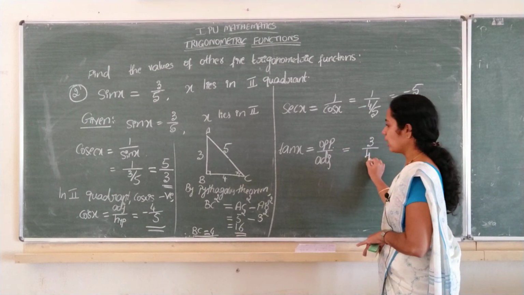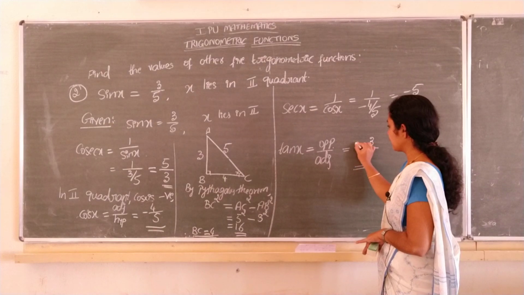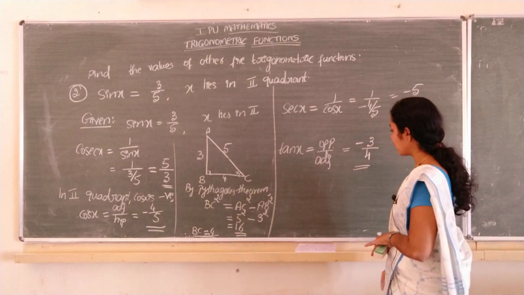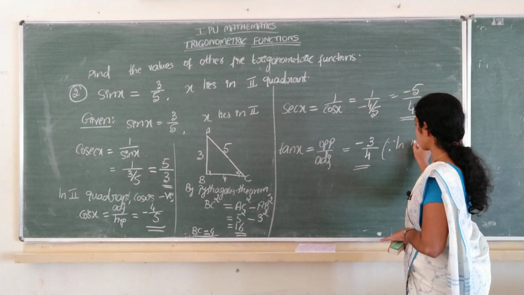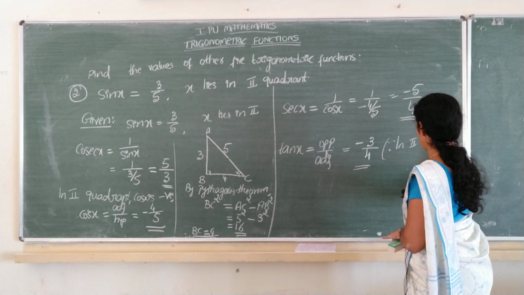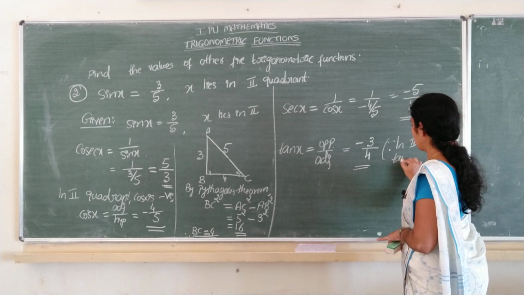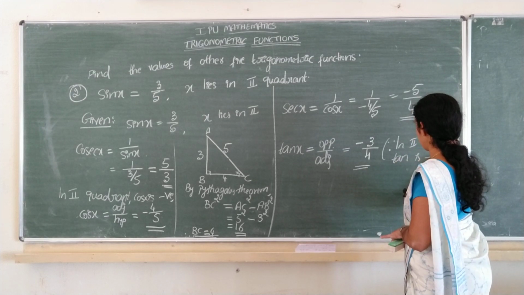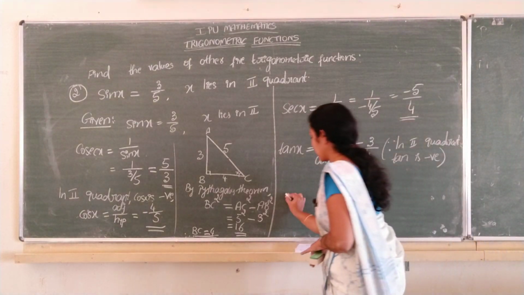So 3 by 4. In the second quadrant, the sign of tan x is negative, so the value is minus 3 by 4.